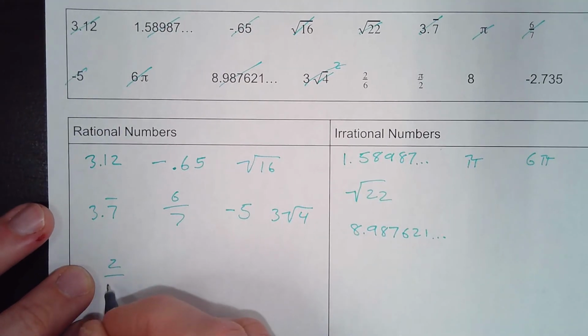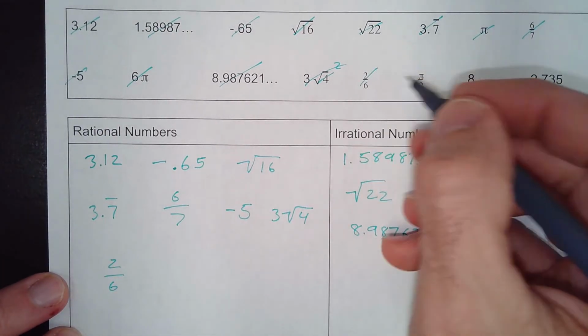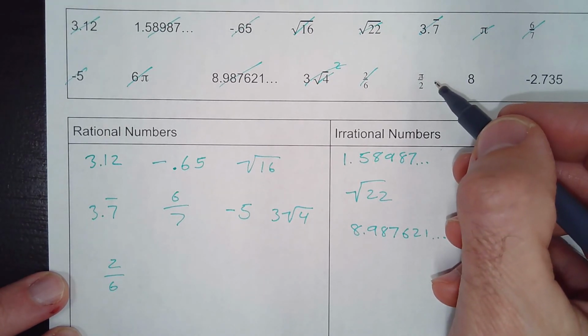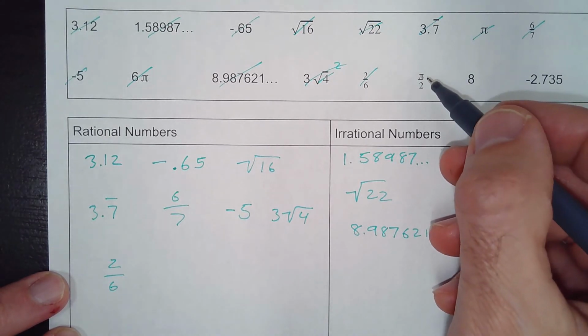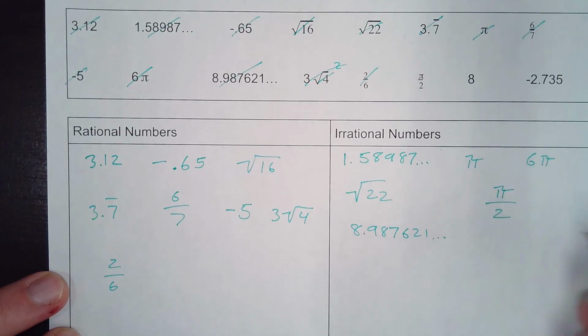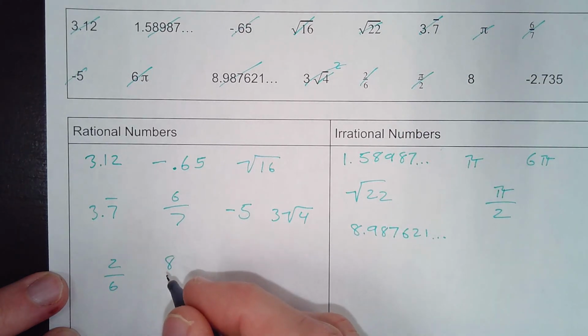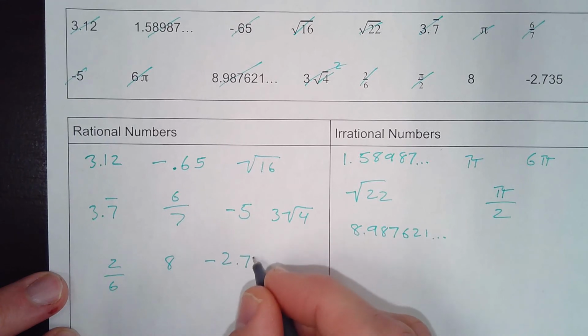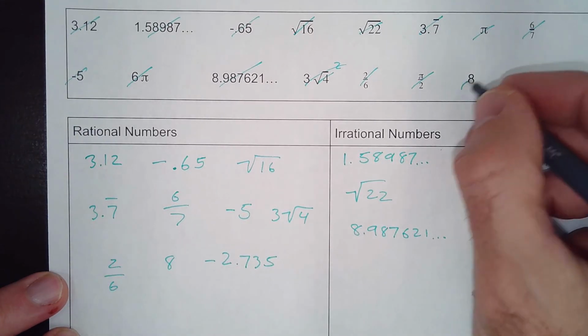Fraction, rational. Okay, tricky. I said fractions, but if there's an irrational number in the fraction, then that is going to be irrational. 8, and this terminates, it ends, so done.